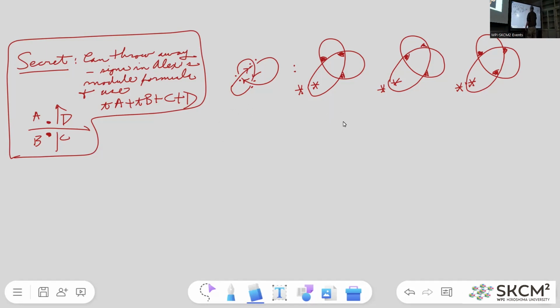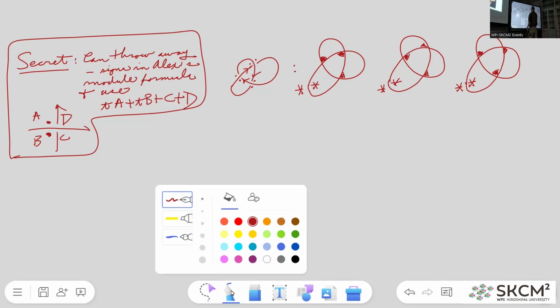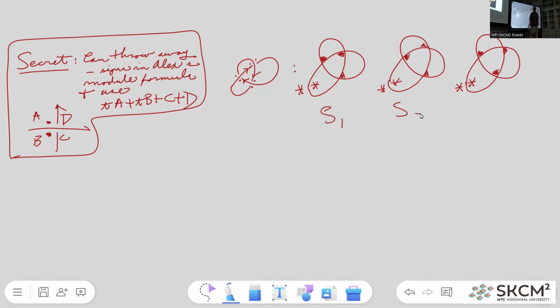State 1, sorry, first state, second state, third state, okay. But we're going to get the Alexander polynomial of T is equal to the sum over these states, Alexander states.